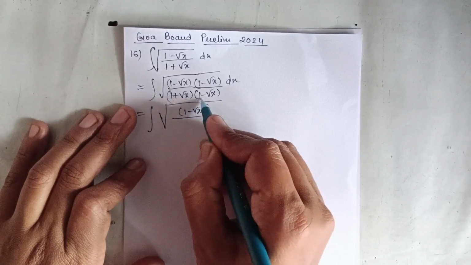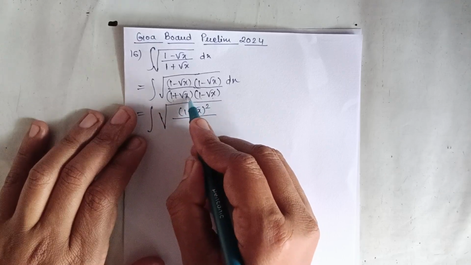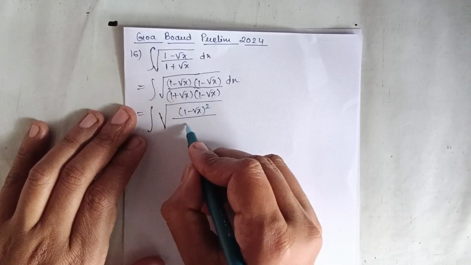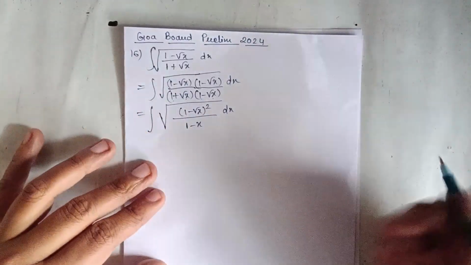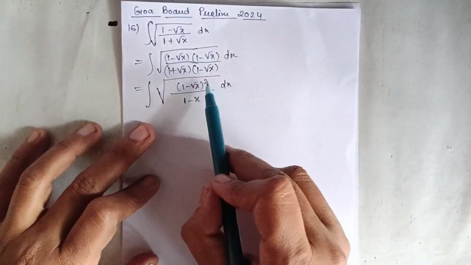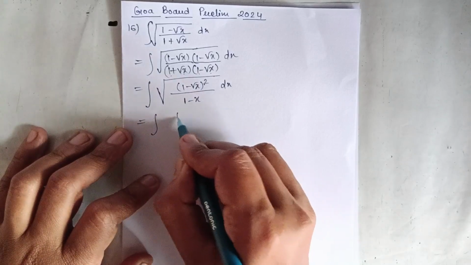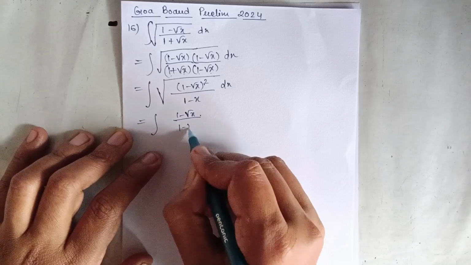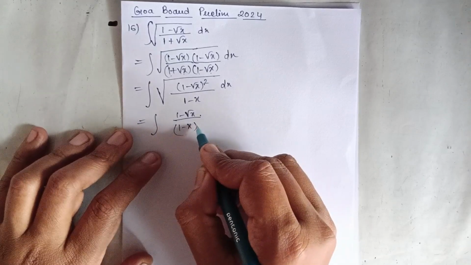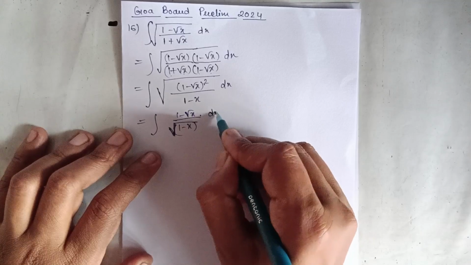And this is (a plus b)(a minus b), so 1 square minus root x the whole square, which is 1 minus x. Correct? So this square and root get cancelled. So it will be 1 minus root x upon root of 1 minus x, dx.